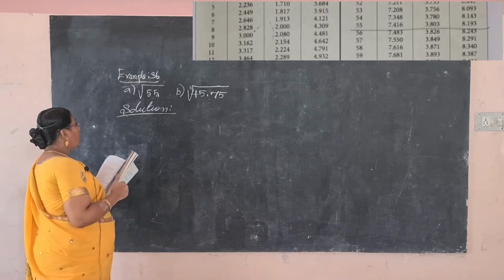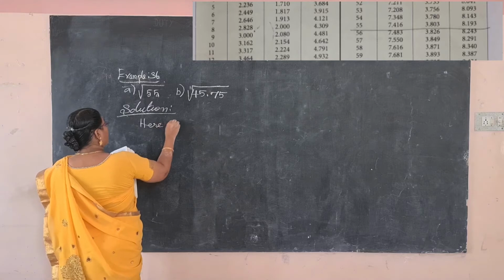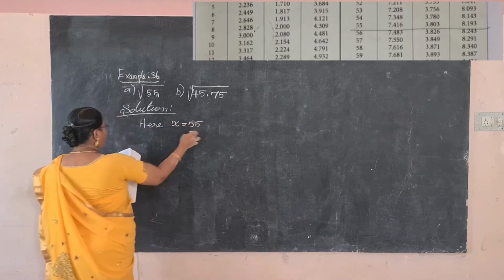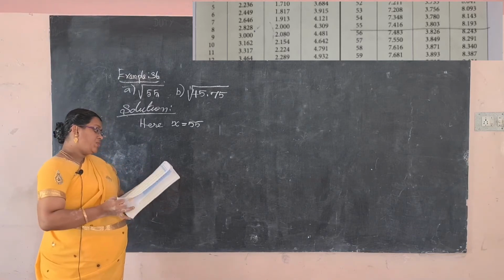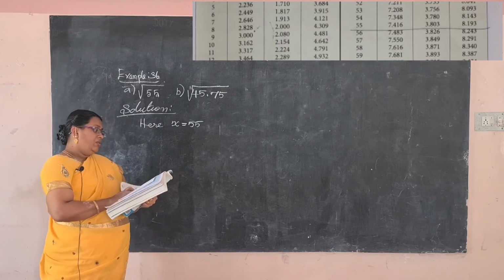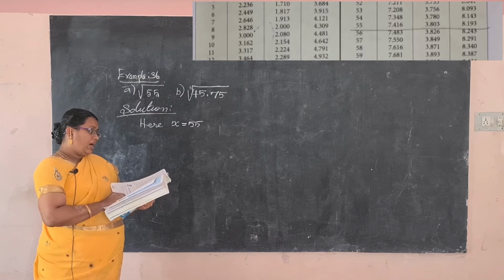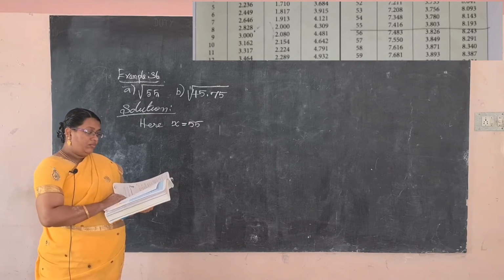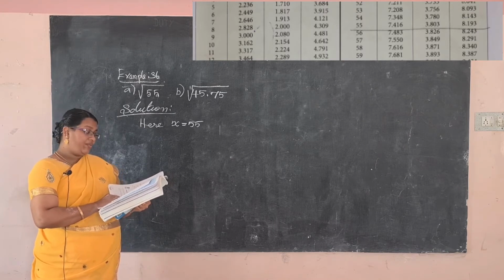So the square root of 55. Here the x value is 55. See the table. See the value of 55 in the first column, and against it, under the column of square root of x.